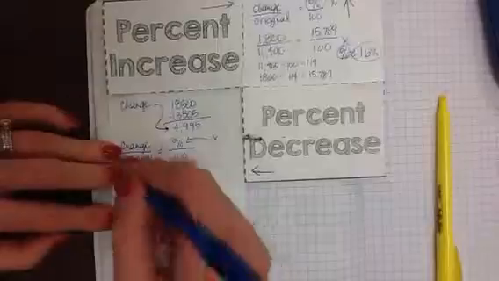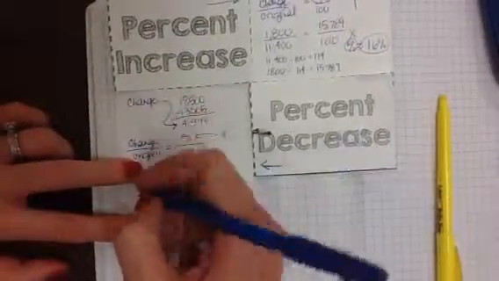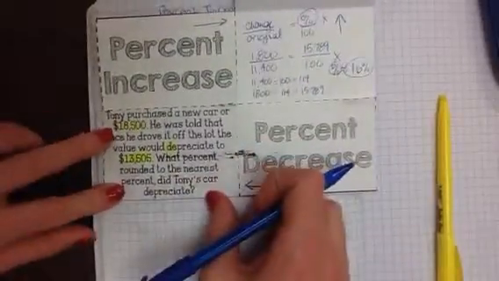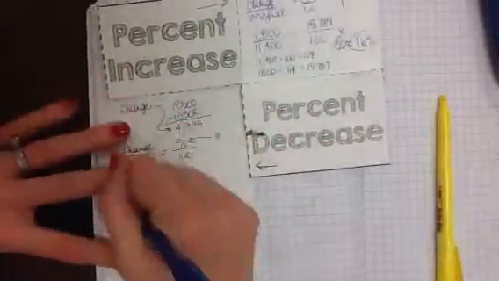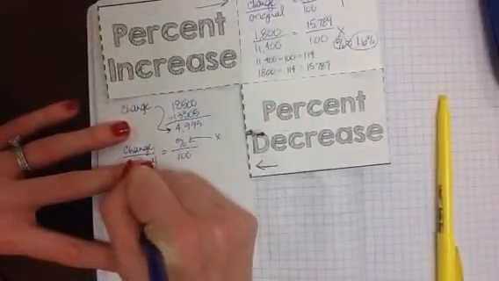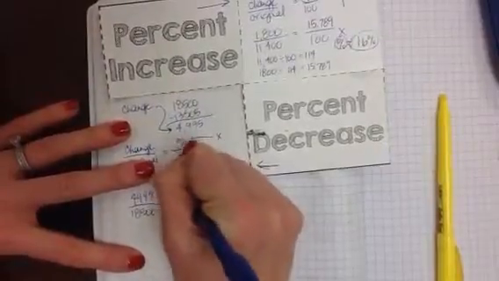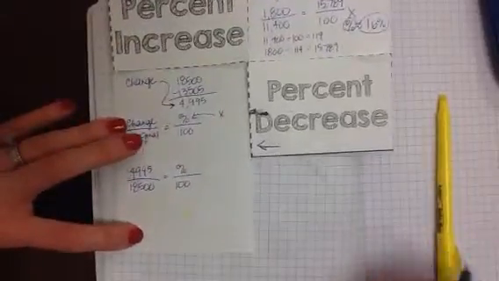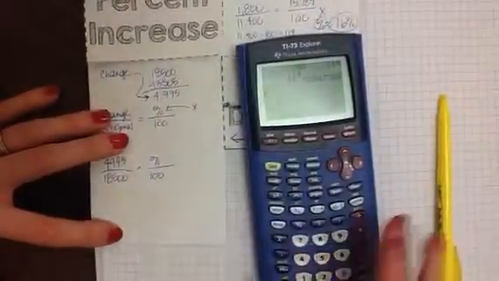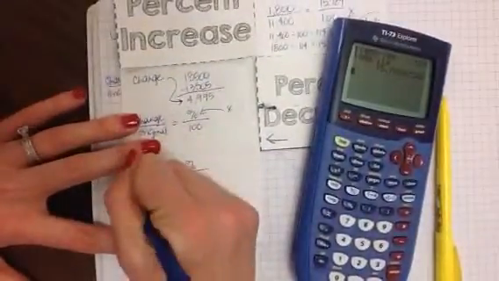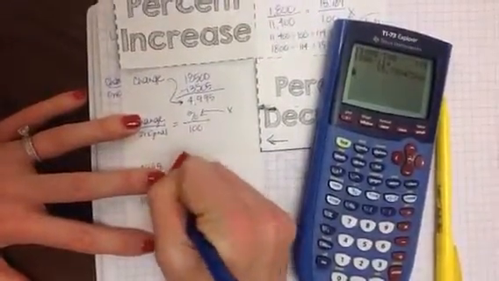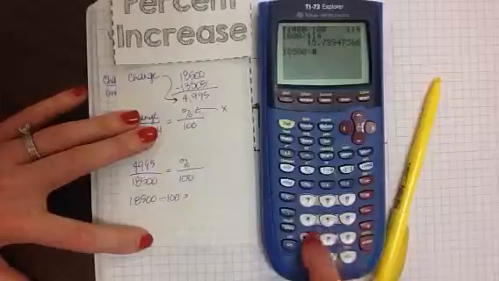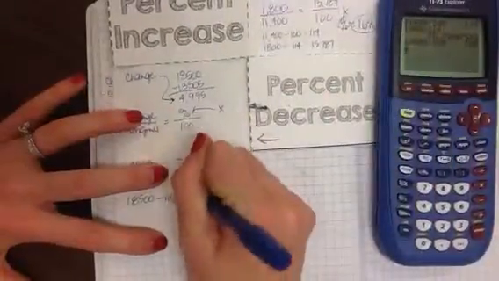So we're going to take our change, which was 4,995. We're going to put that over our original. Our original was 18,500. And that's going to give us our percentage out of 100. Again, I guess we could replace that percent sign with an x, but we're going to figure out what we scaled down by. So we're going to take 18,500 and we're going to divide by 100, which is 185.